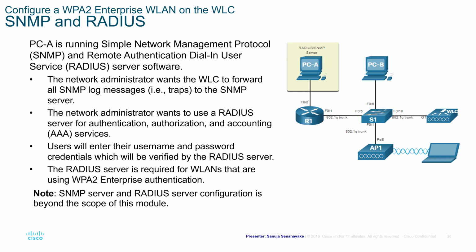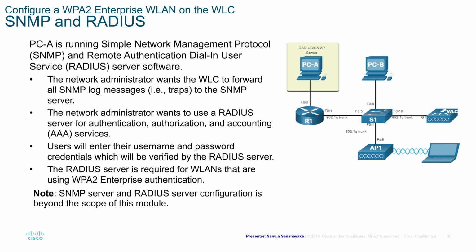The network administrator wants to use a RADIUS server for authentication, authorization, and accounting, also known as AAA services. Users will enter their username and password credentials, which will be verified by the RADIUS server. The RADIUS server is required for WLANs that are using WPA2 Enterprise authentication.